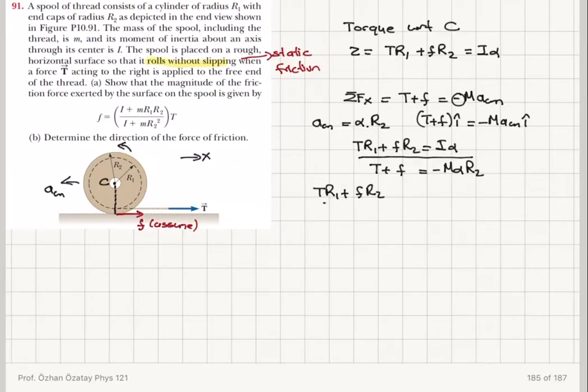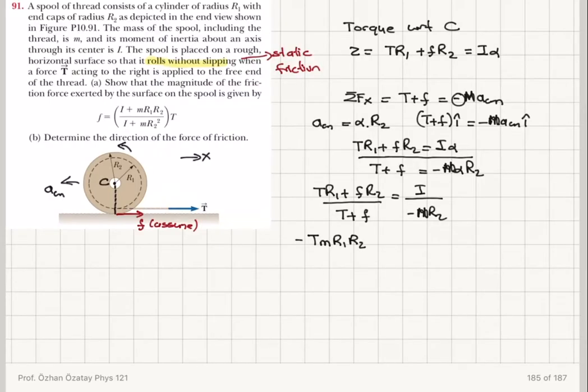So if I take the ratio of these two, T R1 plus F R2 divided by T plus F is I over minus m R2. The alphas cancel because I want to end up with only one unknown. So this is not capital M, it's small m here. So let me replace this with small m, the given in the problem.